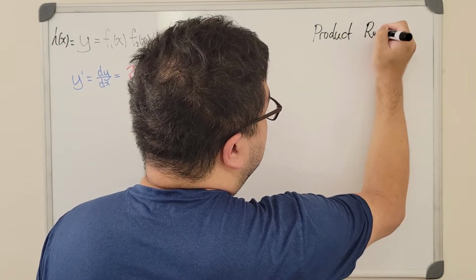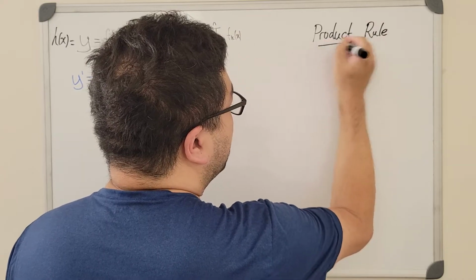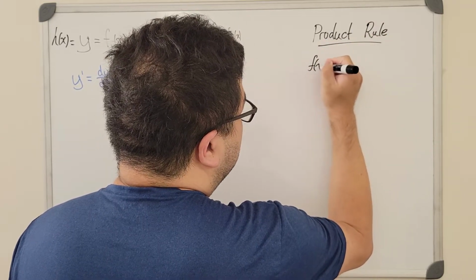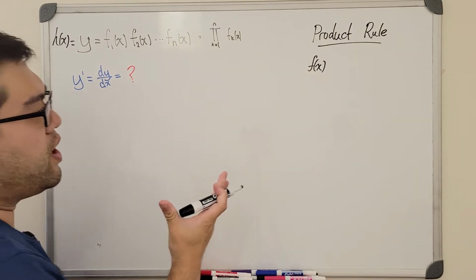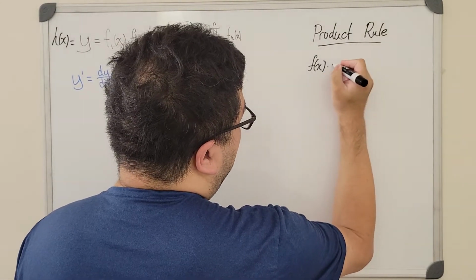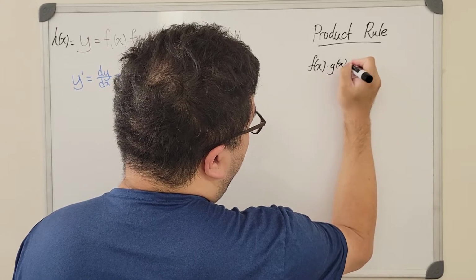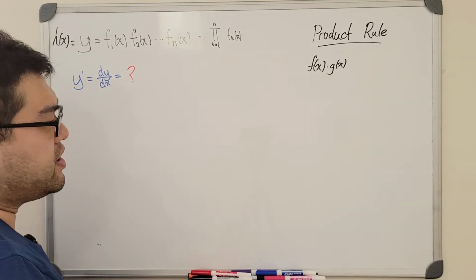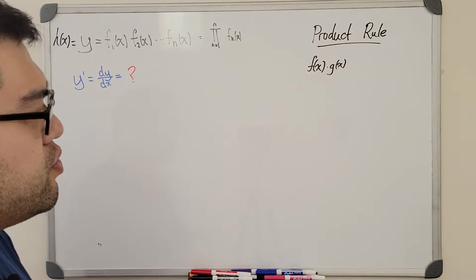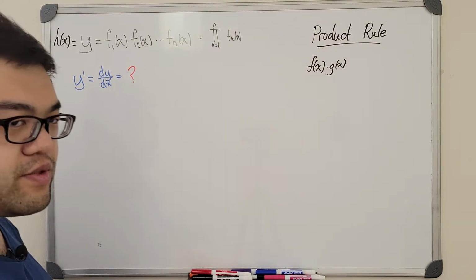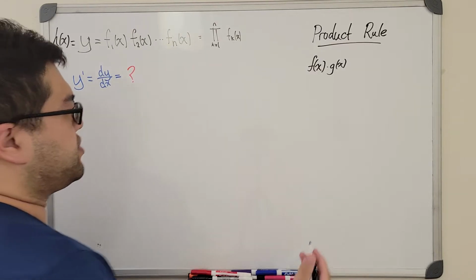The product rule says that if we have a function, again any name, just another y, which is a product of two functions, f of x times g of x. And f and g could be the same or different; here we just make it general, so it doesn't really matter.